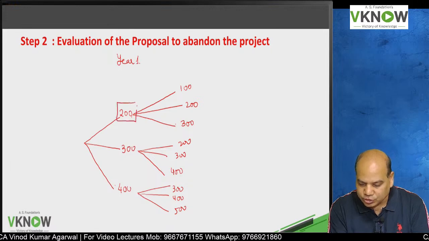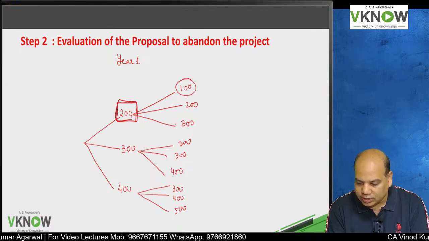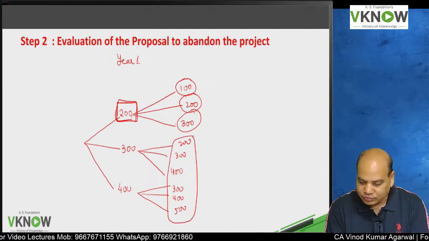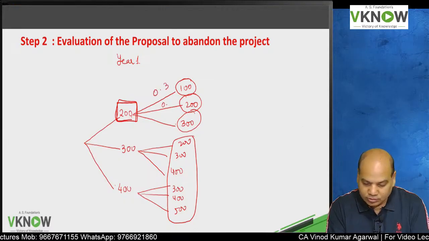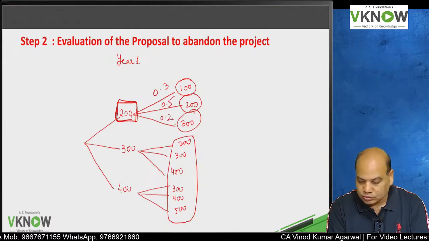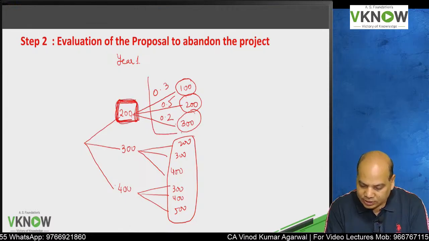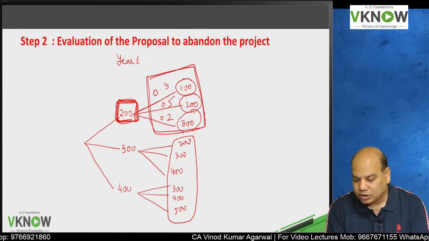Year 1, suppose you get 200, then you will get either 100 or 200 or 300 only. Then you will not go to other paths. So after getting 200 in year 1, you will get an expected cash flow of year 2 equal to this amount only, because these are the only paths which will open.